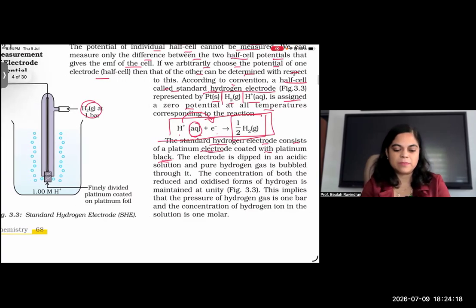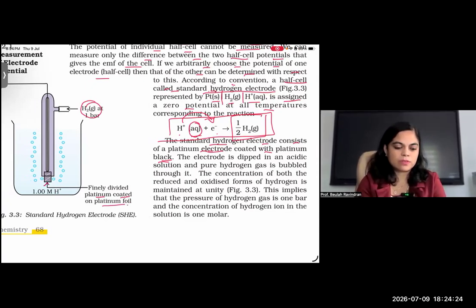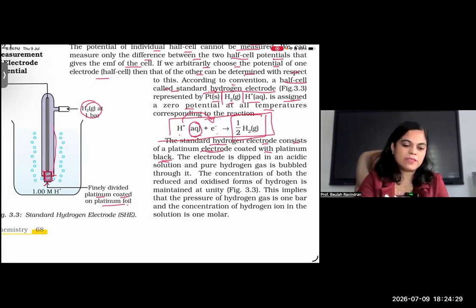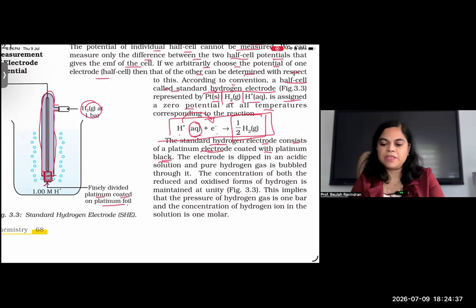So this is platinum black coated on platinum foil. And then hydrogen gas is allowed to enter by downward displacement. All gases are collected by downward displacement. The electrode is dipped in an acidic solution also, and pure hydrogen gas is bubbled through it like this.